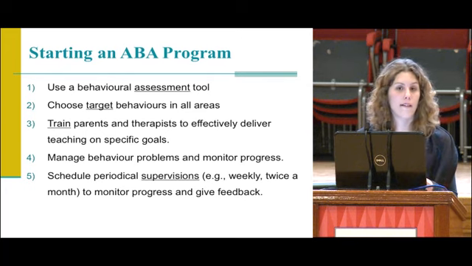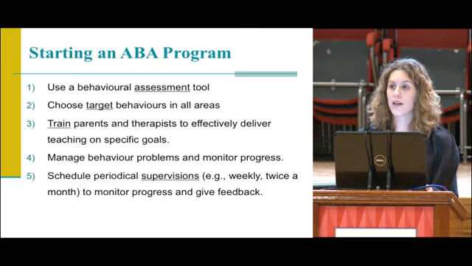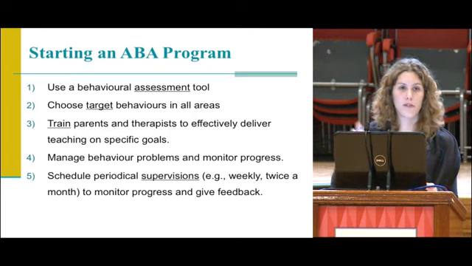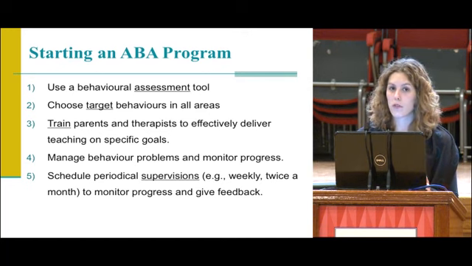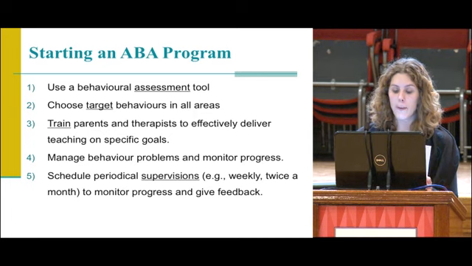Then we would train parents and therapists to effectively deliver teaching on these specific behaviors or specific educational goals. We would at the same time manage behavioral problems, and we would monitor progress to see if what we're doing is being effective for this specific child. And we would then schedule periodical supervisions, for example, once a week or once a month, to monitor progress and give feedback to therapists and parents.